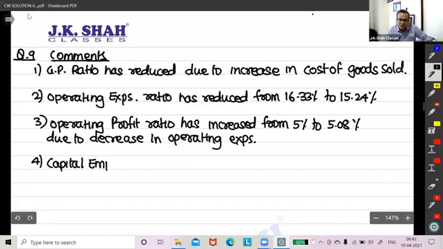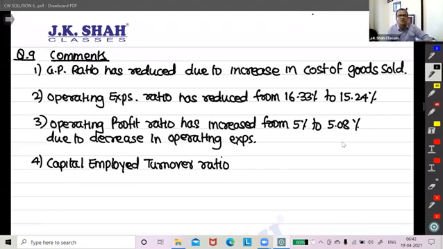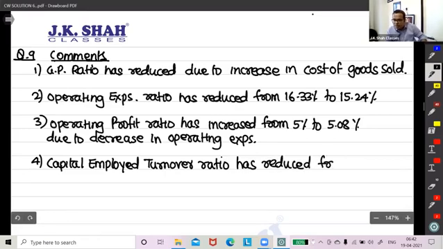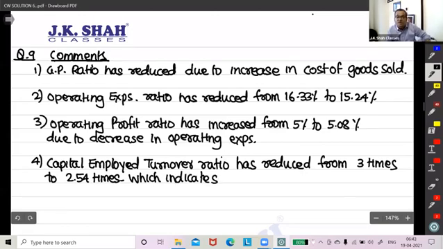Okay, so let's write. Capital employed turnover ratio has reduced from 3 times to 2.54 times, which indicates what?